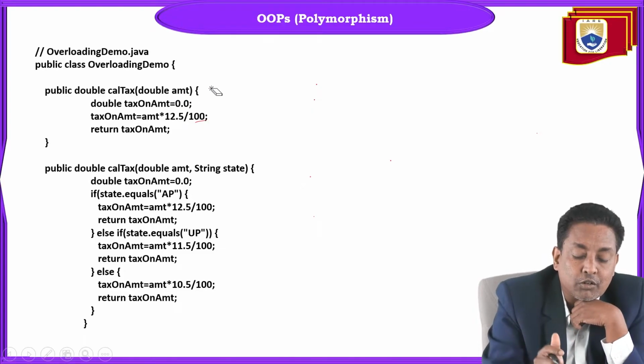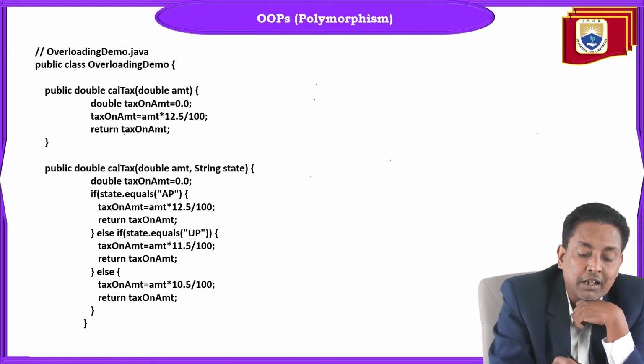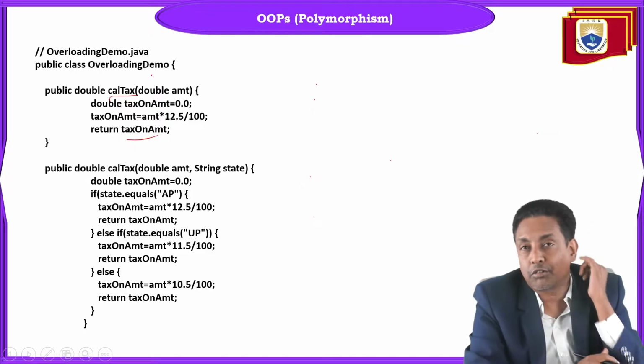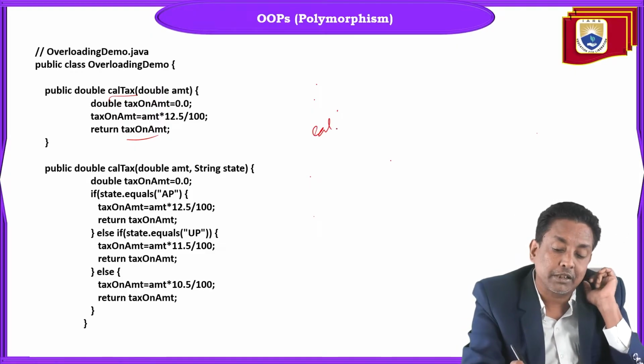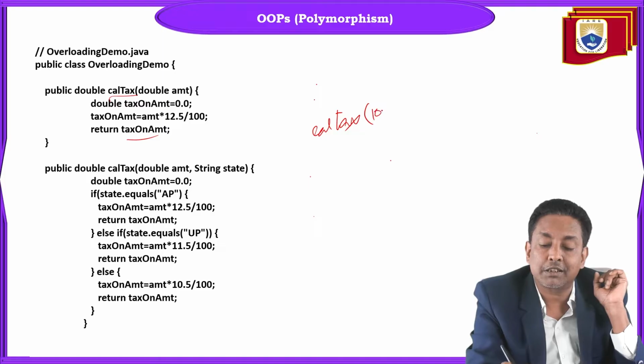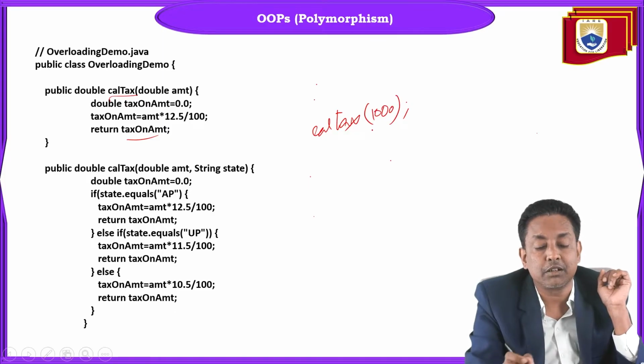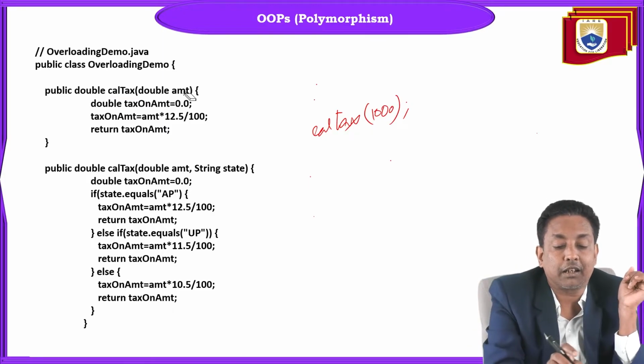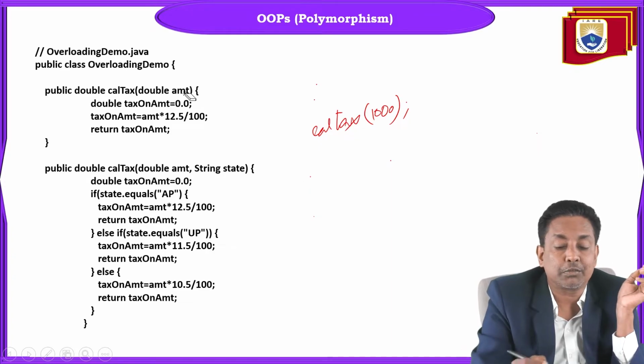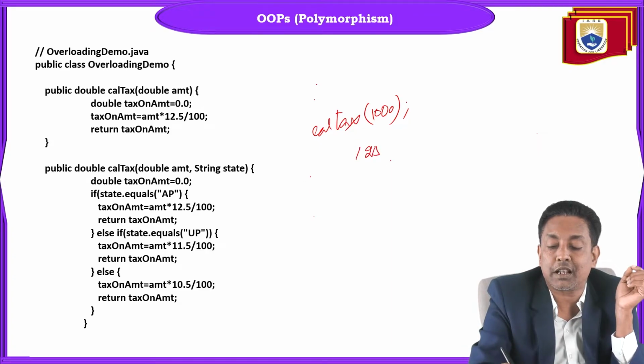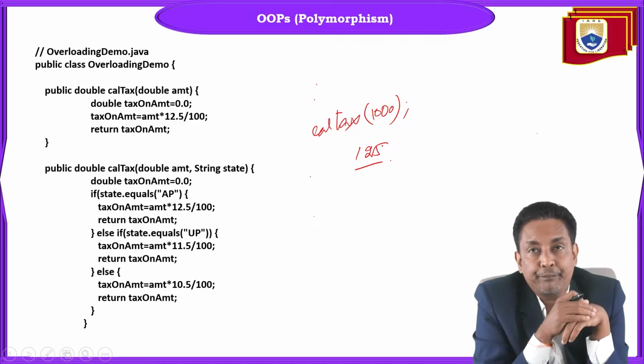If you pass an amount, 12.5% tax will be calculated and returned to the client. If you call the calculate tax method and pass 1000 rupees as the argument, 12.5% tax will be calculated. 10% means 100 rupees, 12.5% means 125 rupees tax.